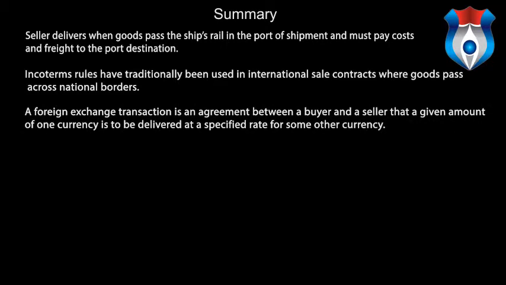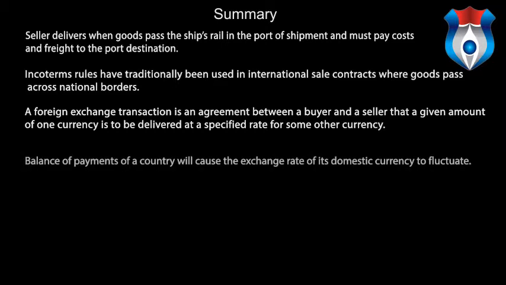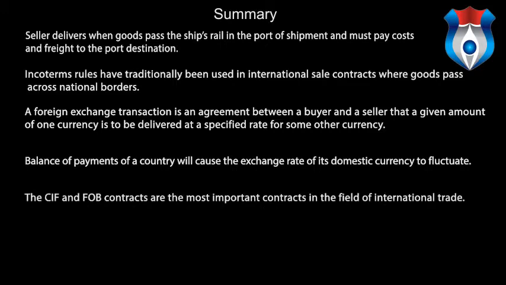A foreign exchange transaction is an agreement between a buyer and a seller that a given amount of one currency is to be delivered at a specified rate for another currency. Balance of payments of a country will cause the exchange rate of its domestic currency to fluctuate. The CIF and FOB contracts are the most important contracts in the field of international trade.